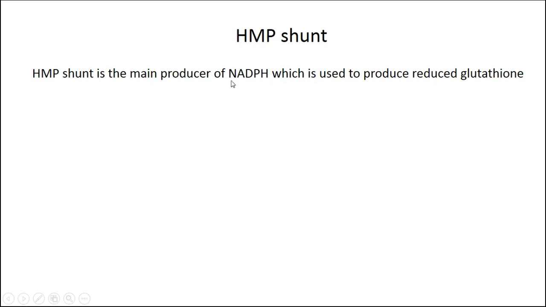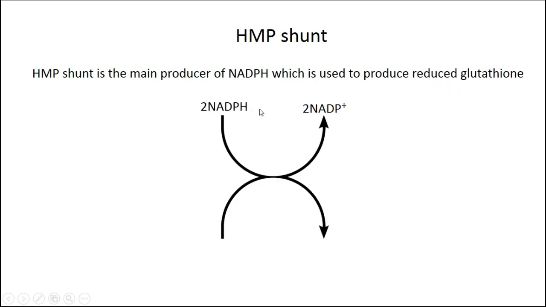So now after we produced NADPH in the HMP shunt, we have to know what is the importance of NADPH. So NADPH is used to produce reduced glutathione. So what is reduced glutathione? Now in this reaction we have 2 NADPH and it is turned into 2 NADP plus. So let's take a look at the oxidized glutathione.